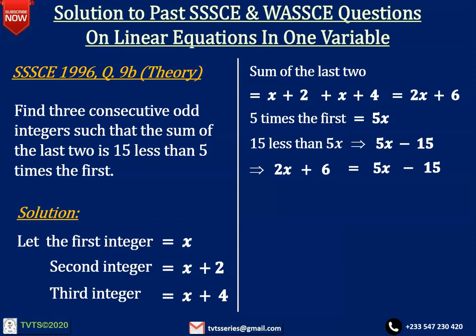We can now solve the equation by grouping like terms. In doing so, let's bring negative 15 to join 6 on the left-hand side and move 2x to join 5x on the right-hand side. This gives 6 plus 15 is equal to 5x minus 2x.